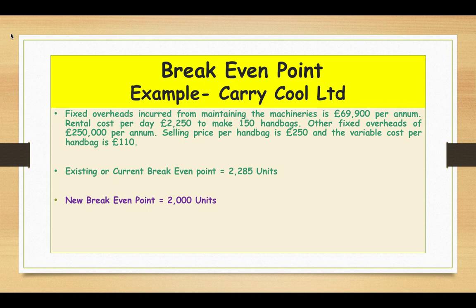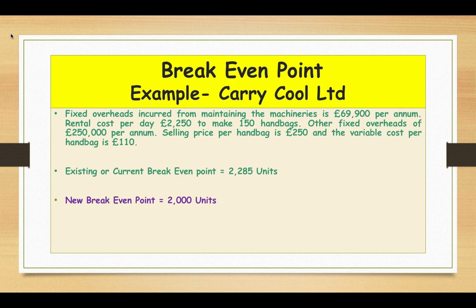So our new break-even point is going to be fixed cost, which is 250,000. As I mentioned before, there will be no 69,900 because they have sold the machineries. So 250,000 divided by the new contribution. 250 is the selling price, take away the total variable cost, which is £125.